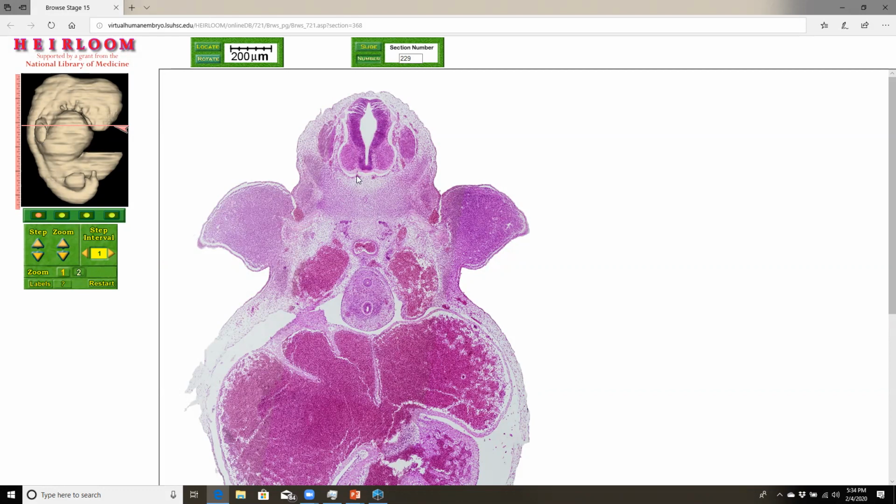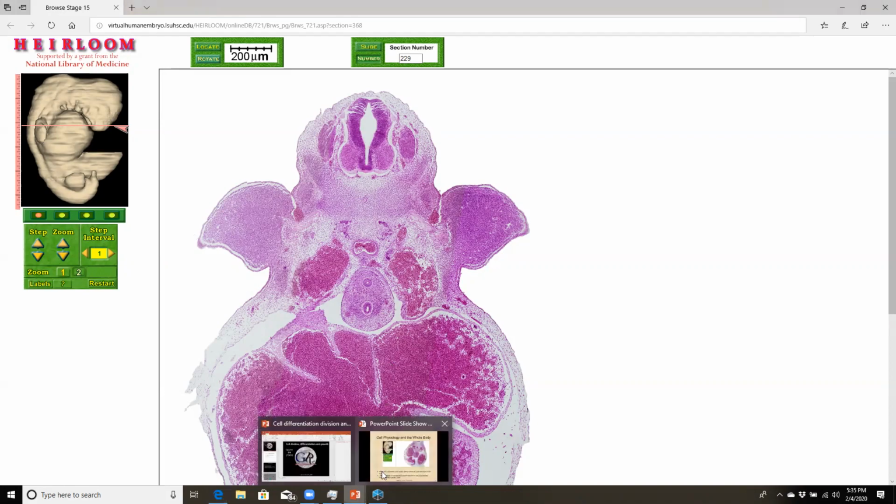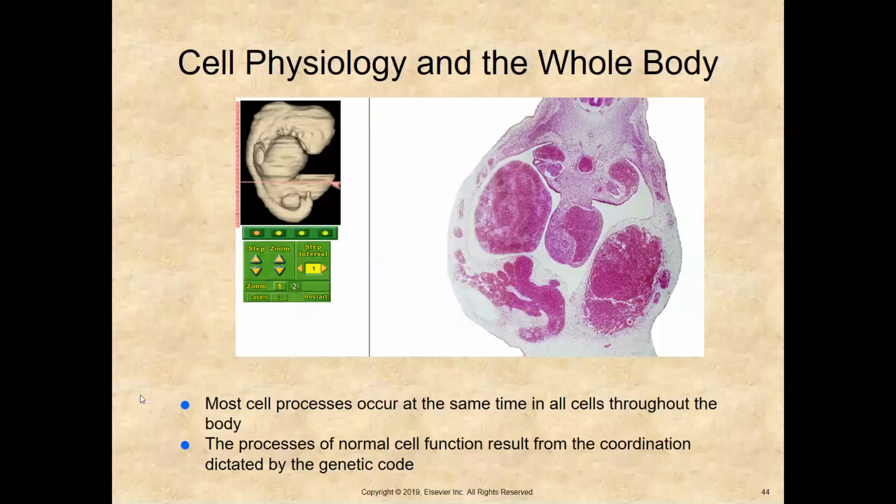So we talk about cells and how specific they are in their function, and cells that are more differentiated, that have more highly functioning jobs and do a lot of things already, are usually not the cells that are dividing. The cells that are doing a lot of division are going to be ones that aren't doing a really high amount of functions for a particular organ. And that is a general rule of thumb that will continue throughout the remainder of this course.